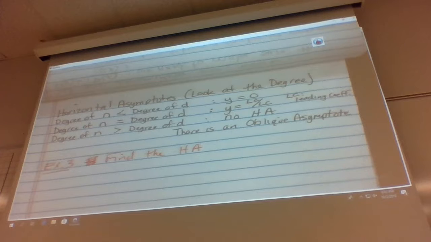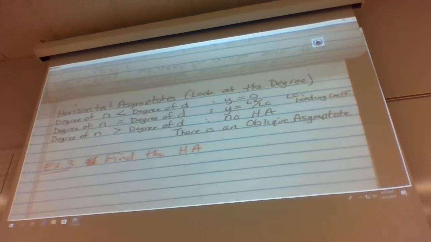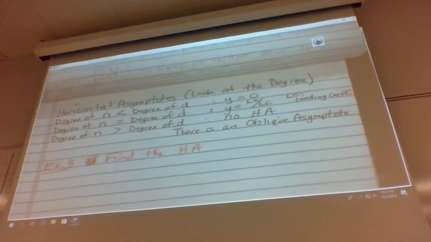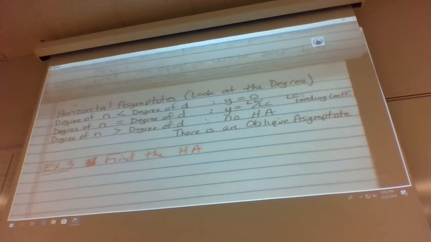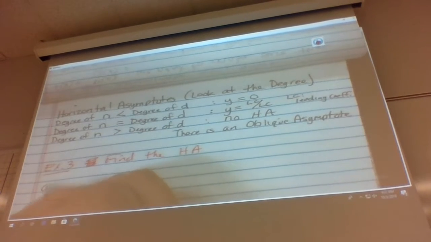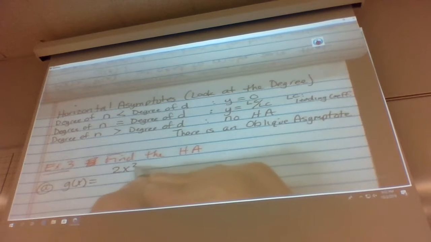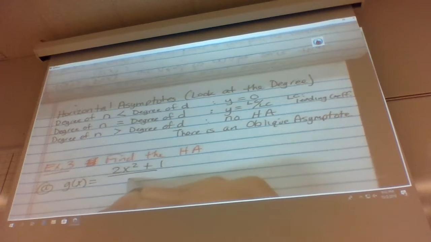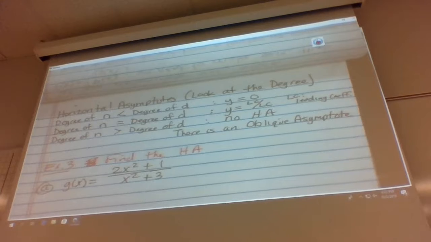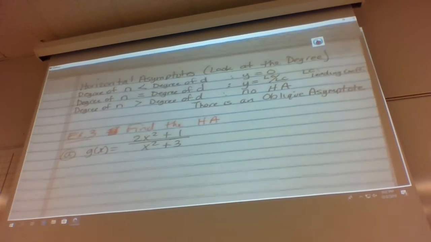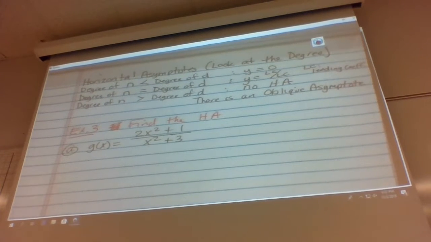So g of x equals 2x squared plus 1 over x squared plus 3. You only care about your degree, your exponent. What is my degree up here? 2. What is your degree down here? 2. Are the degrees of the numerator less, equal, or greater? Equal.